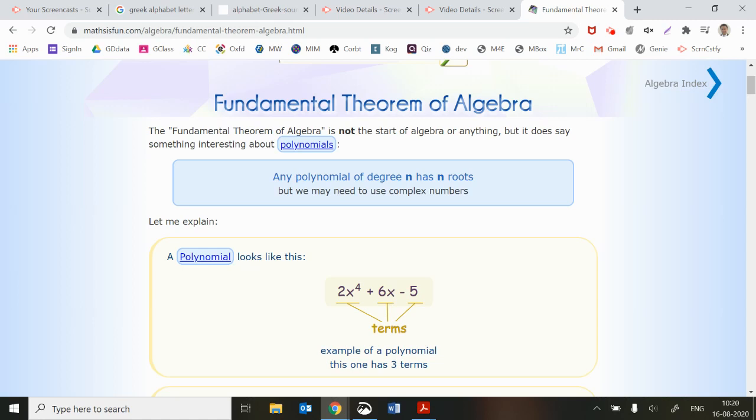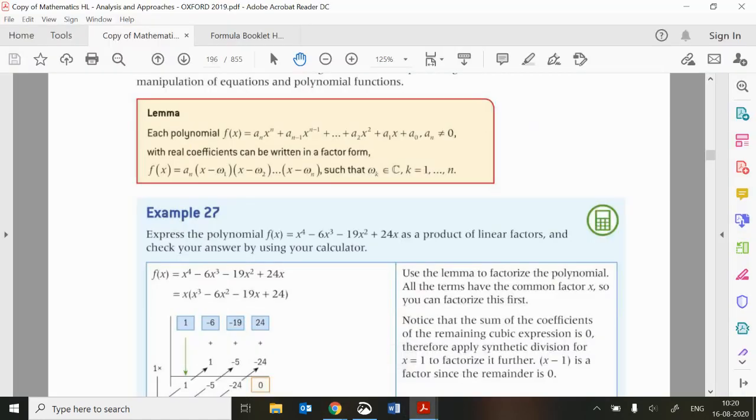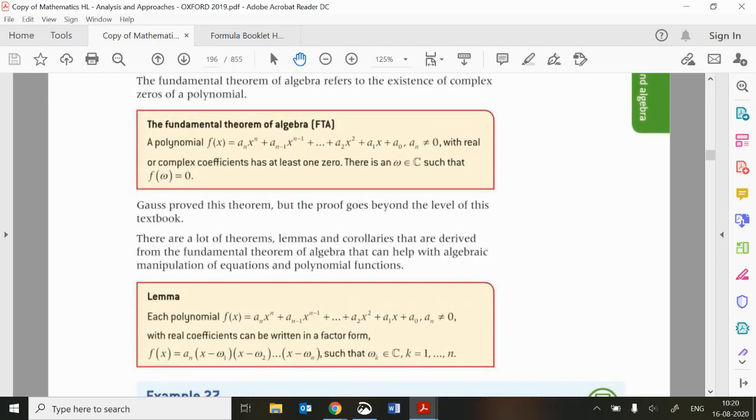Well, in fact, that's what most people remember, but as you can see from the way the book sets it out as well, it's saying, well, actually, the fundamental theorem of algebra is simply telling us that there is at least one zero, or at least one root. But the extension to that is that you can keep taking out these roots until we've got no polynomial left. So in fact, there are n roots for a polynomial of degree n.